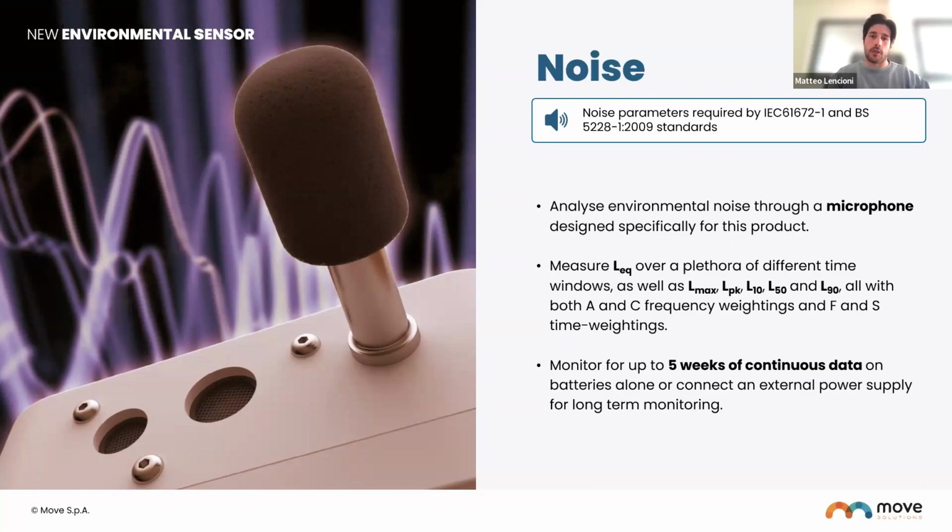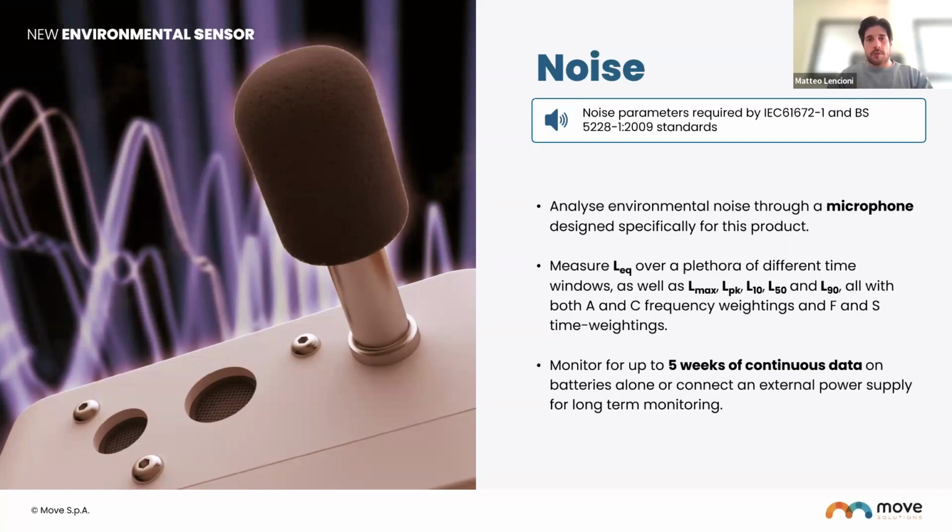So we designed it to be able to collect those parameters that are specified in the IEC 61672 class 1, and then the British standard as well, as you can see up there.